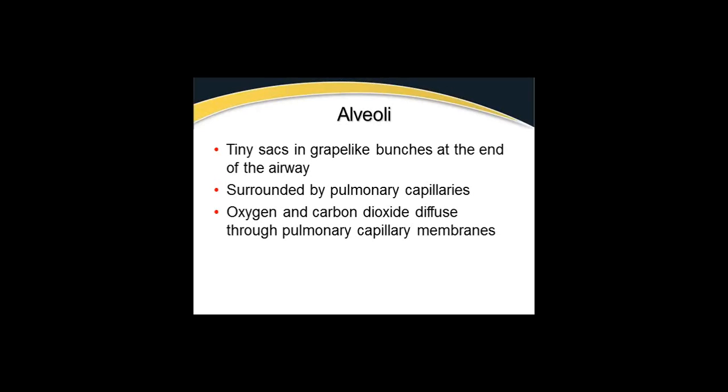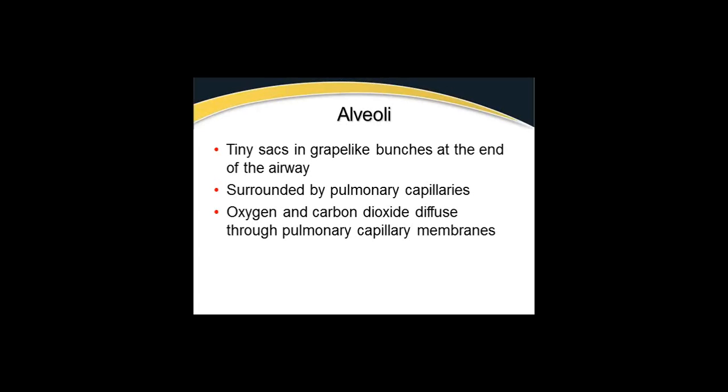Well, when it gets down to the alveoli, it compares notes with the blood, and the blood has considerably more carbon dioxide and considerably less oxygen. And so it says, oh, we've got to fix that. So it diffuses across.